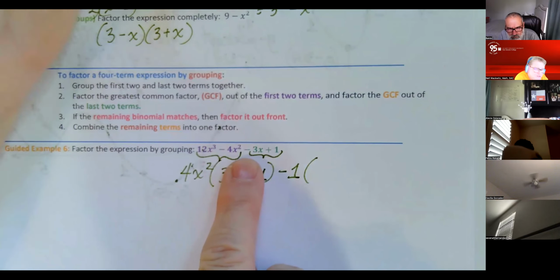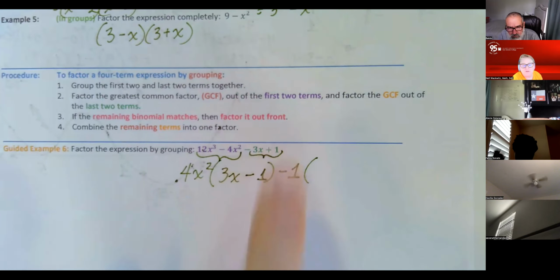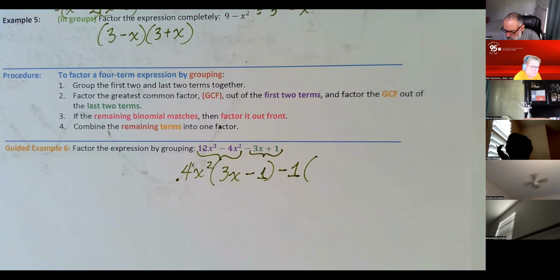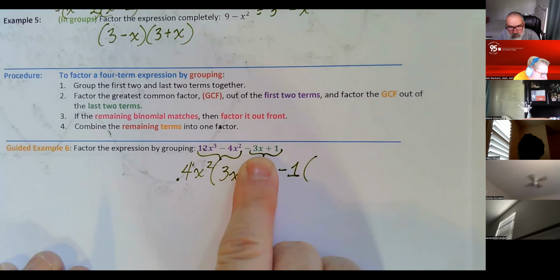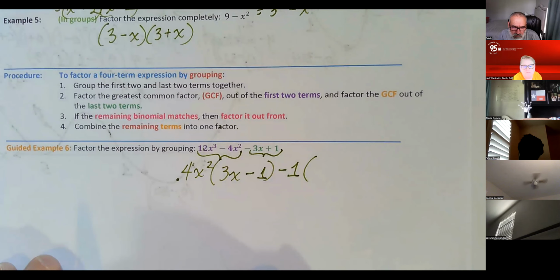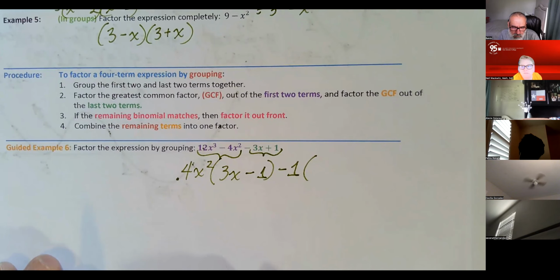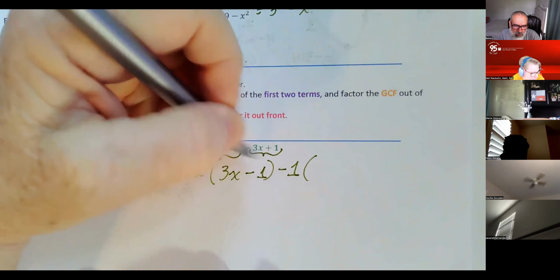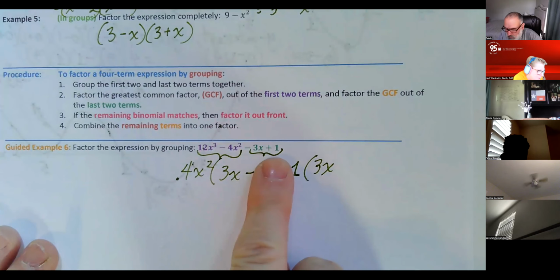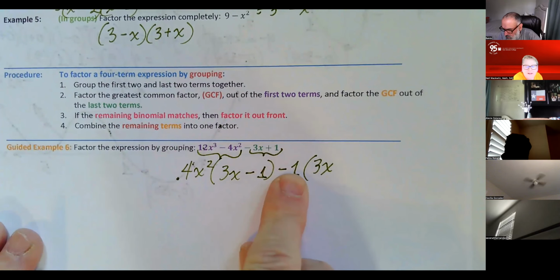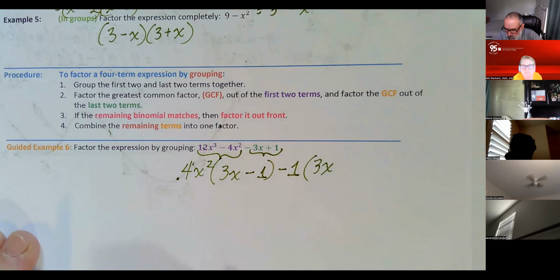Anytime there's a negative in the middle between the 2 terms, we have to factor it out. What is negative 3x divided by negative 1? Negative 3x. Wait, if we divide by negative, it's positive 3x, yes, good. And what is positive 1 divided by negative 1? Negative 1. Good.